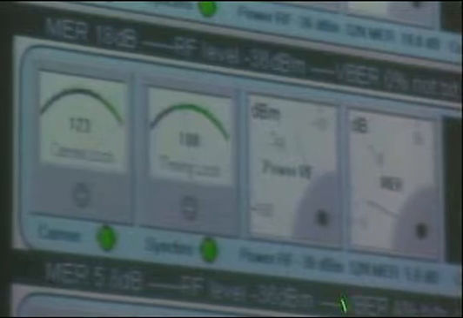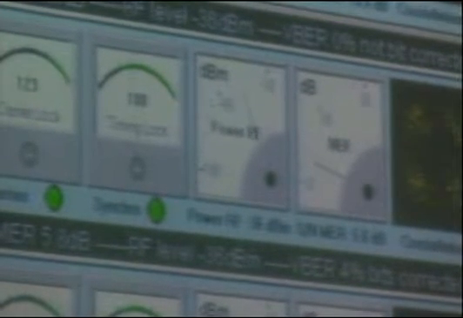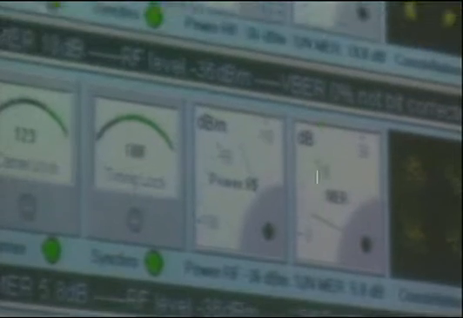So, in the second example, I have always minus 36 dBm. I have not changed the power. I have just changed something in my transmission to have more and more problems with the MER.